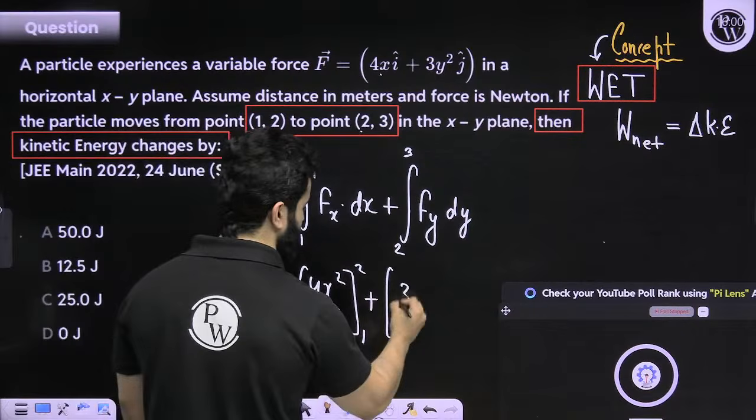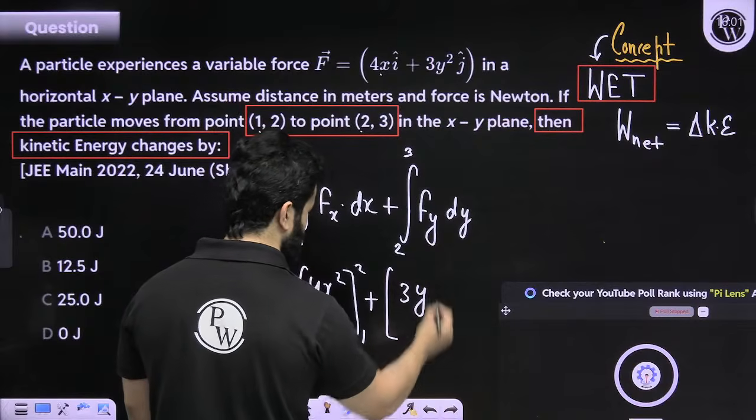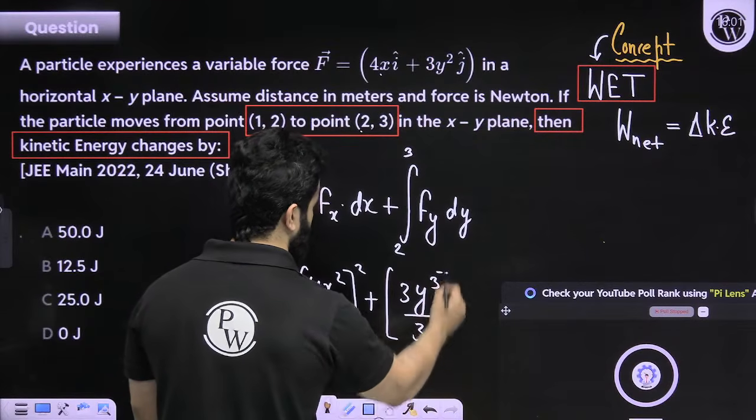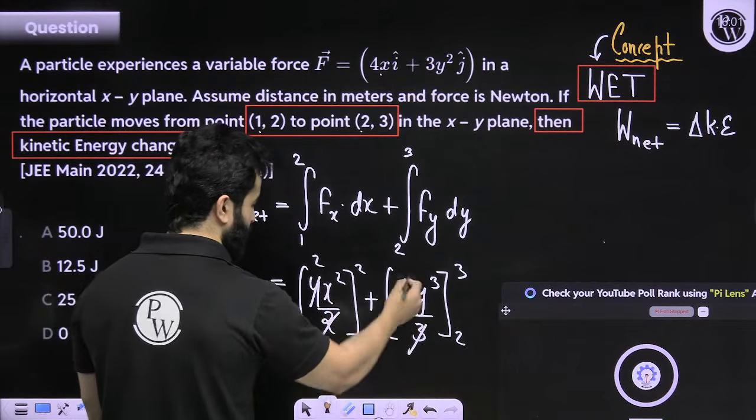When you integrate 3y square, you will get 3y cube divided by 3, from 2 to 3. This 3 will get cancelled out.